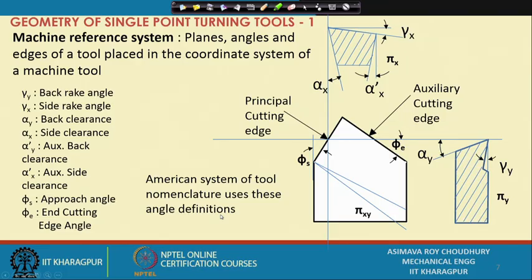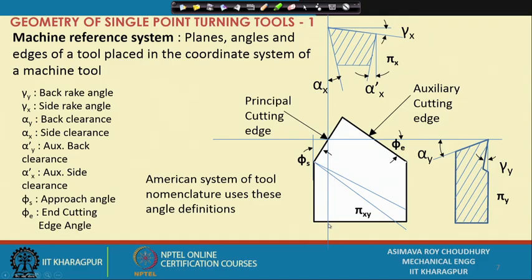In what way? For example, if you are cutting the tool along this particular line, if this is the xy plane, okay, this is the projection in the xy plane, the plan view. Okay. Here, if you cut it with this particular plane, now you will say, what is this plane?